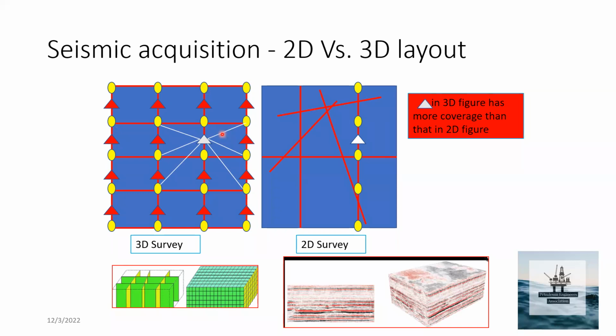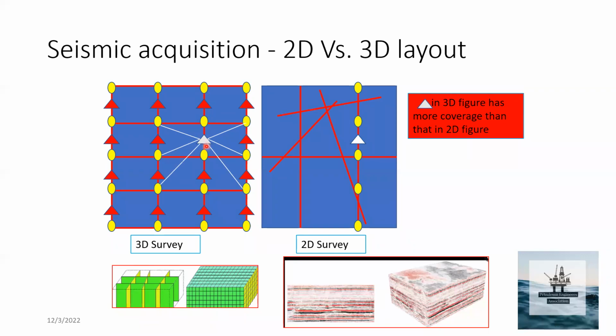That's a quick comparison between 2D and 3D layouts. As you can see, the 3D survey consists of intersecting inlines and crosslines. The white triangle here is a point of coverage, or the CMP. The red triangle is the shot and the yellow circles are the receivers.